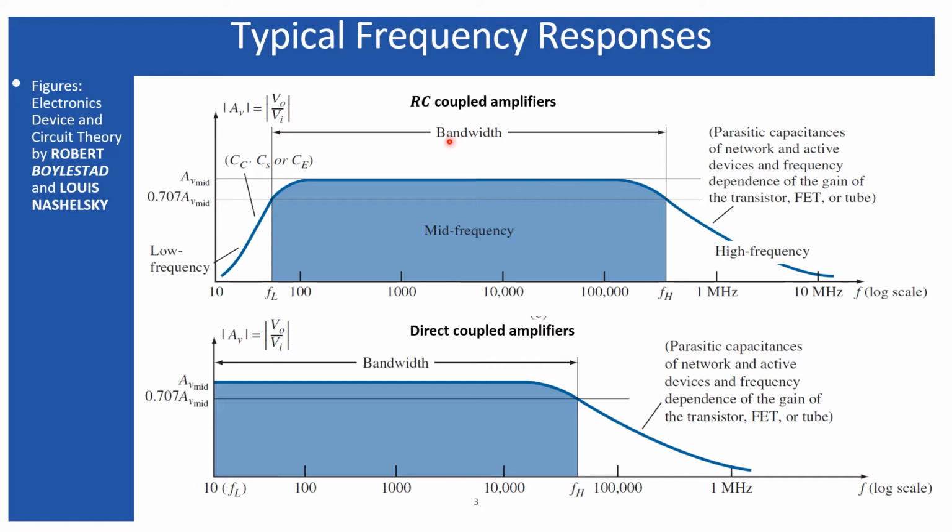Those capacitors are external to the circuit. Some capacitors are used to block the DC current from the input source. Some are used to bypass the emitter current, which is the bypass capacitor, and some is used to block the DC current when one stage of the amplifier is connected with the second stage of the amplifier.